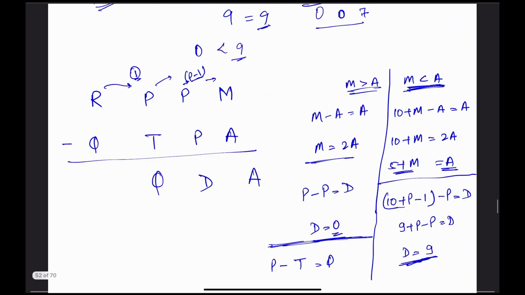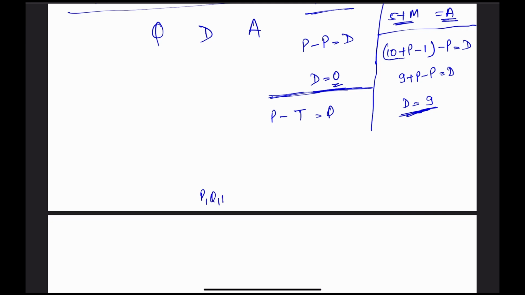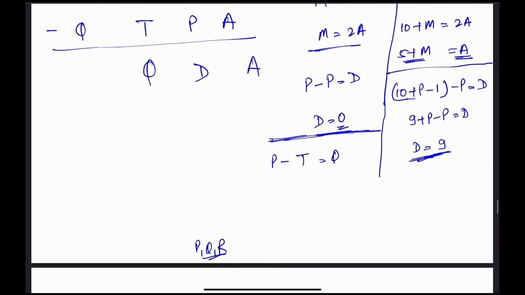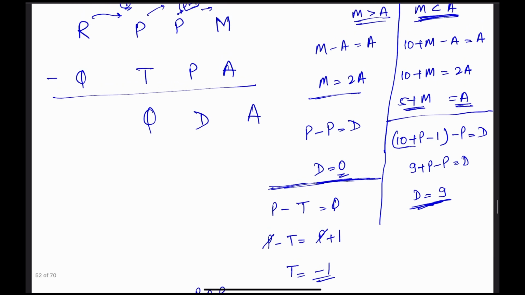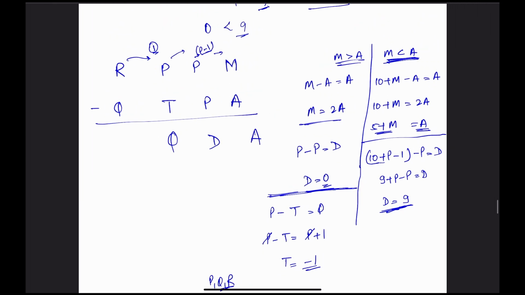So Q can be written as P plus 1. So P will be going away, so T will be becoming minus 1. Is it possible for T to become minus 1? Not possible. So if this is not possible, what I can say is that this is also not possible. Okay, now we are getting some breakthrough.